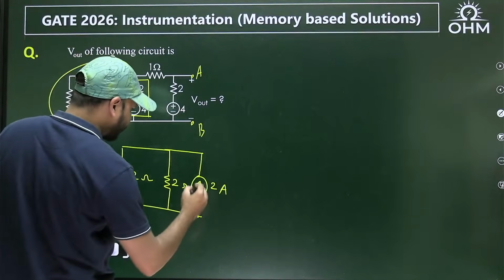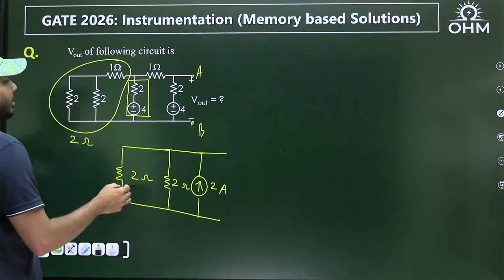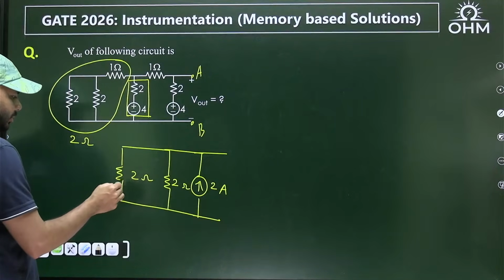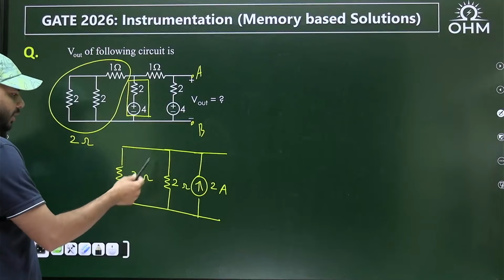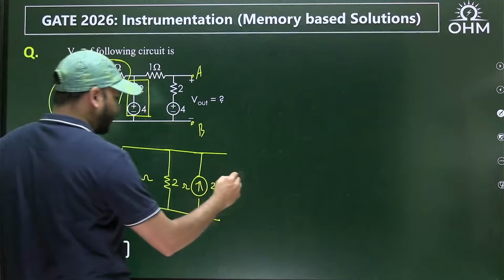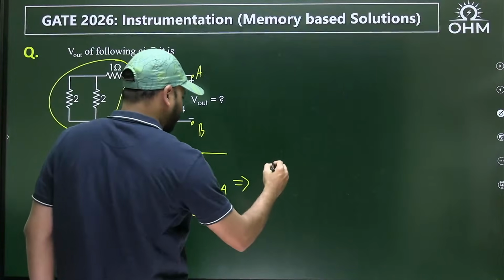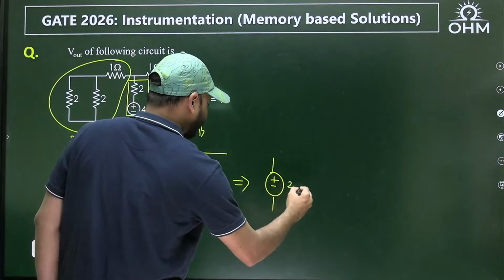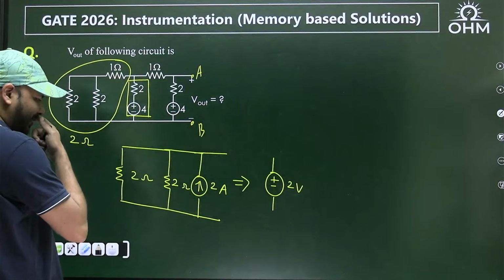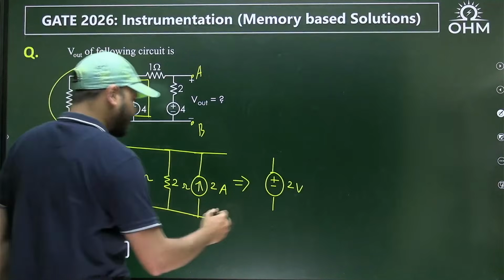Okay, it's not the complete network, but again you can do a bit of simplification here. Okay, so 2 and 2 both are in parallel, which is 1 in parallel with 2 amps can again be transformed into a 2-volt source. Yes, 2-volt source in series with what? 1 ohm. Yes.